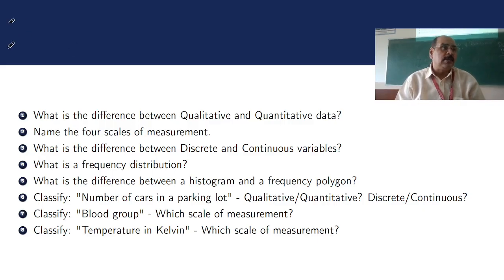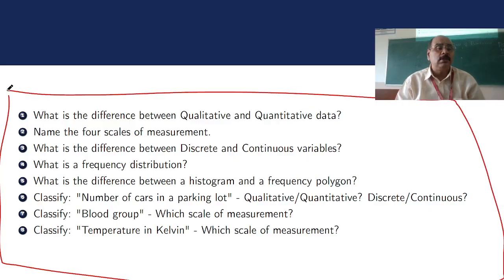So these are certain set of questions that you need to, so far we have discussed that: scales of measurement, difference between discrete and continuous variables, frequency distribution, what is the difference between histogram and a frequency polygon, okay, some examples also.